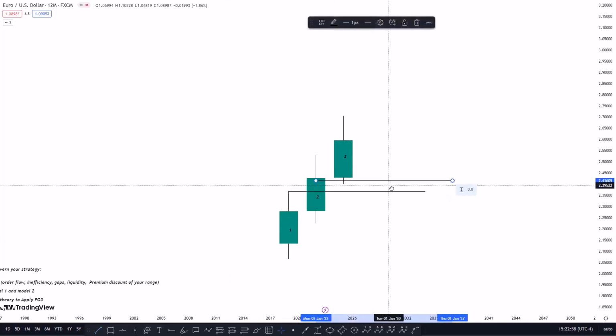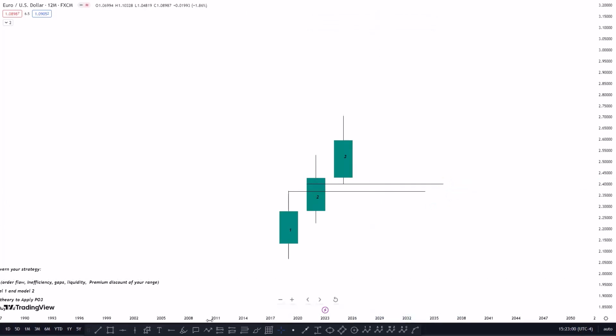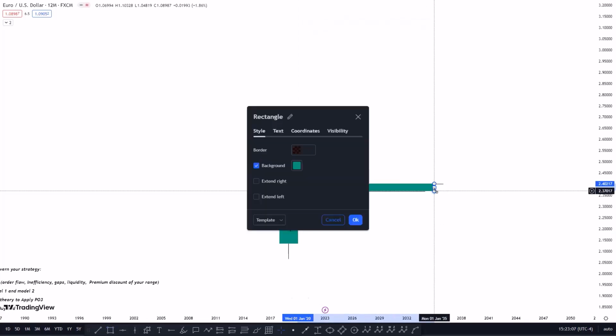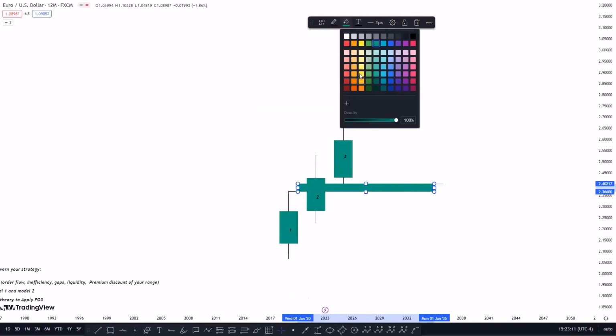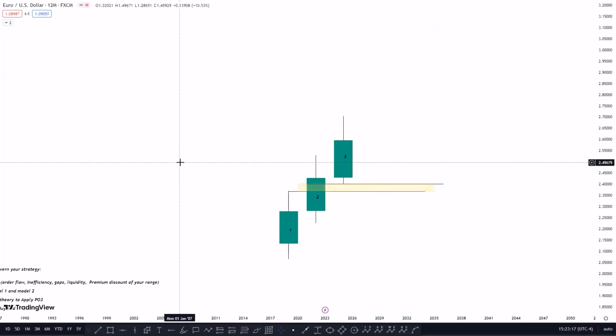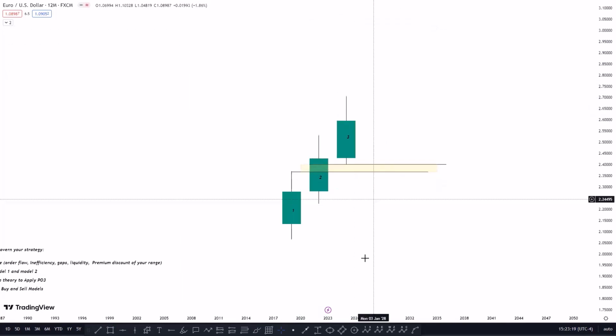You can even add a beautiful color here, just to help you remember this zone as the zone of price inefficiency. So price is likely to come back.